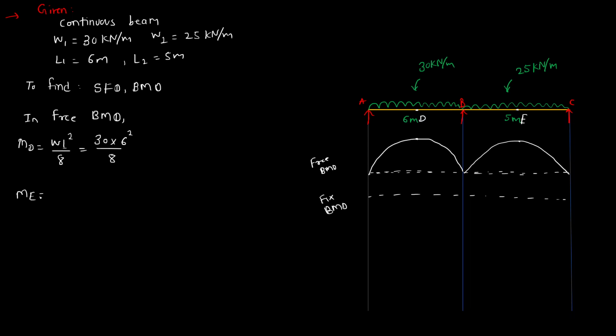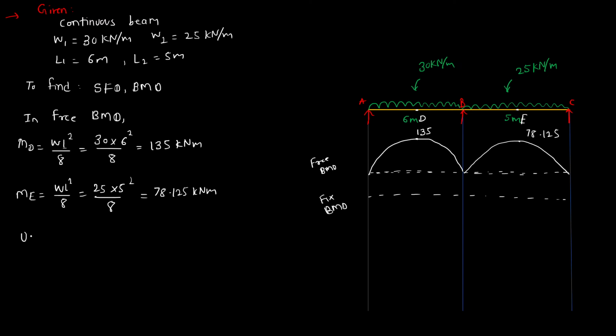Similarly moment at point E, UDL, so WL square by 8, 25 into 5 square by 8. So upon calculating this, MD should come as 135 kilonewton meter and ME will come as 78.125 kilonewton meter. So this is 135 and this is 78.125.